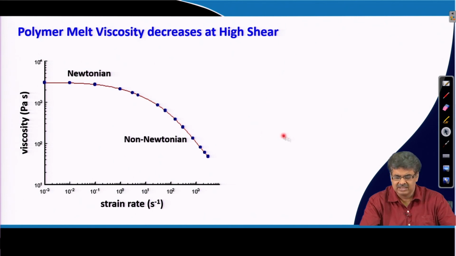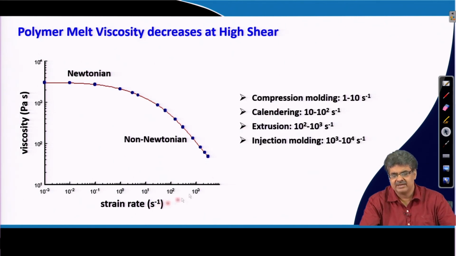Typical strain rates for the different processes which I discussed: compression molding is about 1 to 10 per second, calendering is 10 to the power minus 1 to 10 to the power 2 per second, extrusion is 100 to 1000 per second.